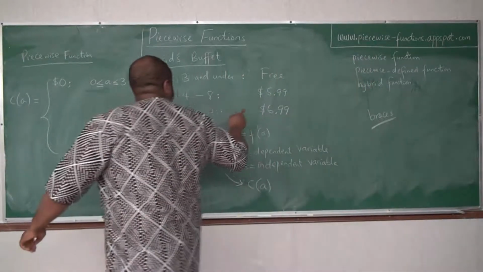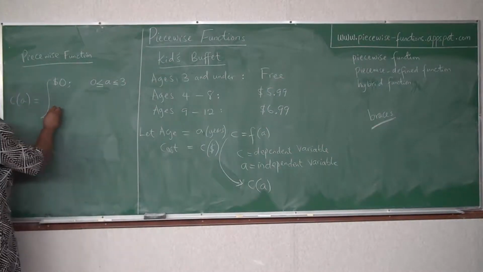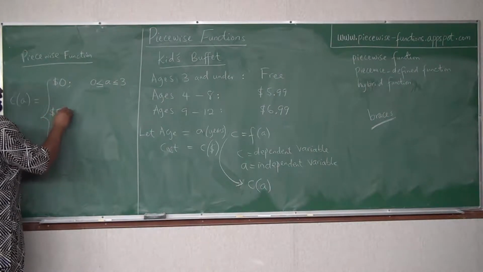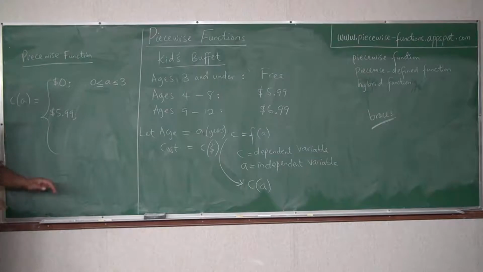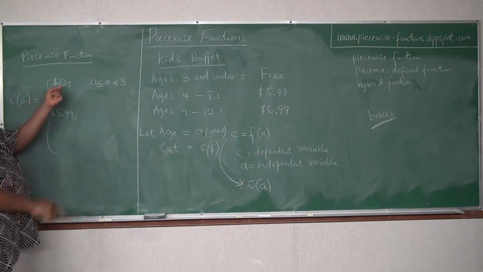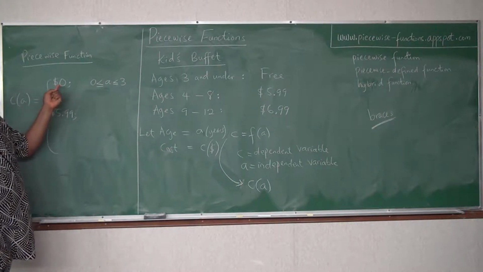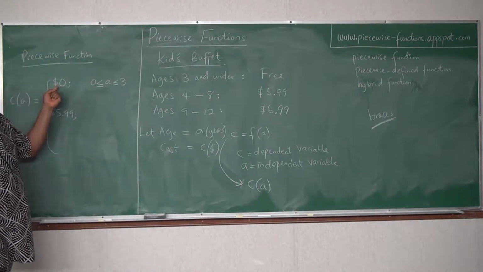And then the next one, we have $5.99. I put a semicolon. You mustn't put a semicolon, but this is one way of writing it. Later, we can look at other ways of writing it. So one way of writing it is you put the function or the piece.